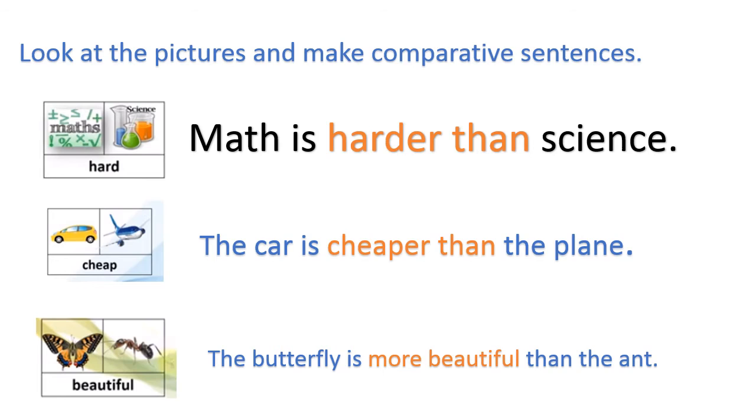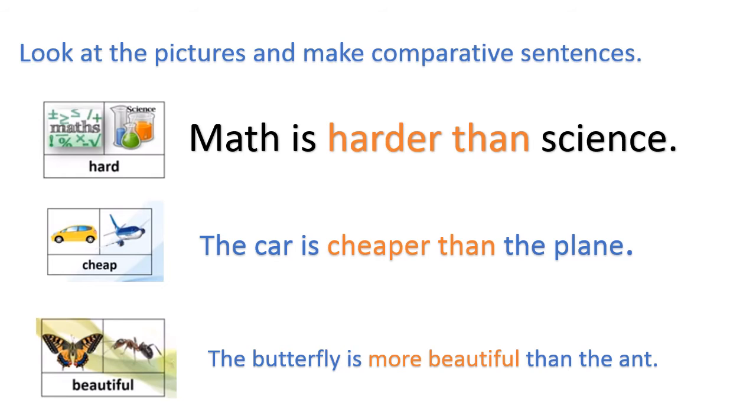Number 3. We can see a butterfly and an ant. The butterfly is more beautiful than the ant. Beautiful is a long adjective, so we have to use more before it instead of adding ER, because it would be too long and we can't pronounce it.